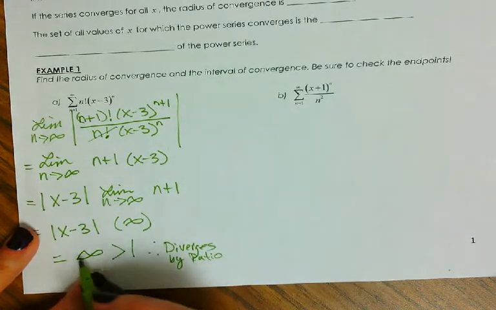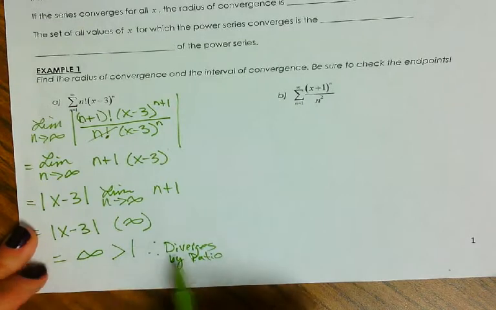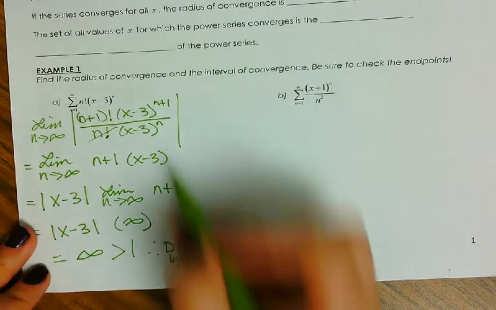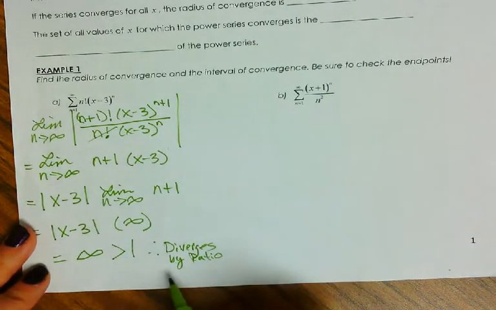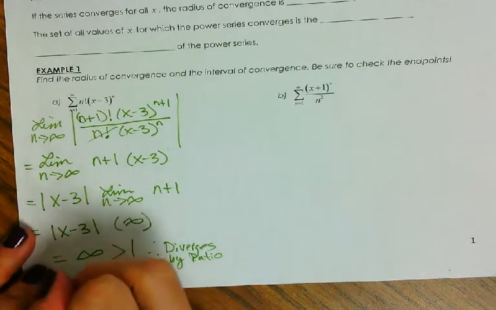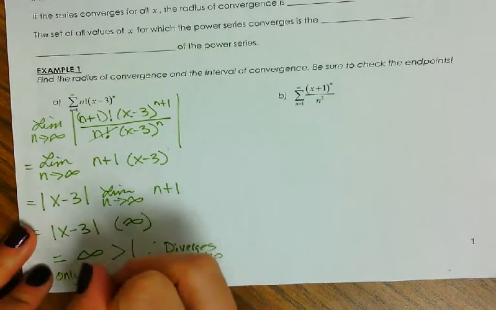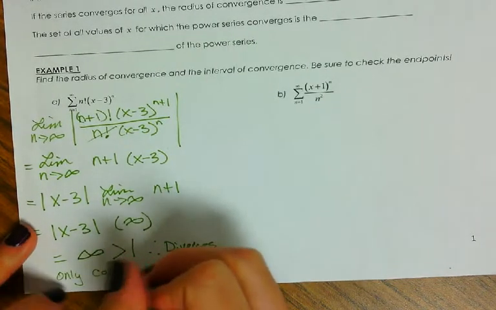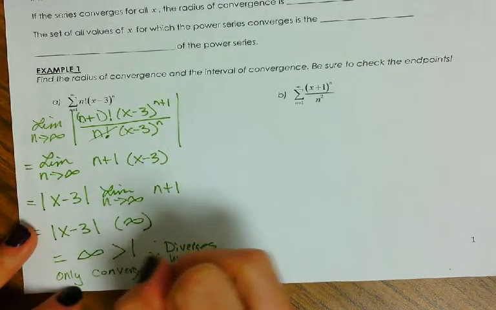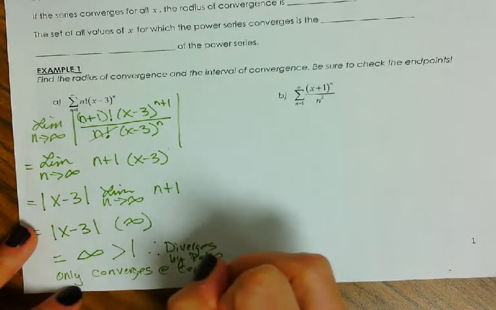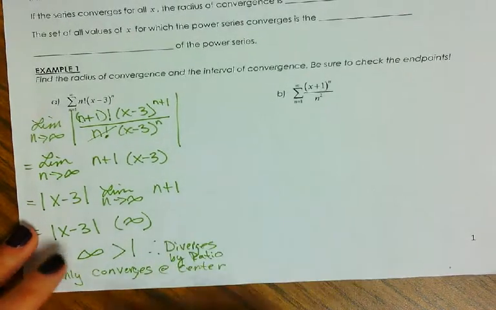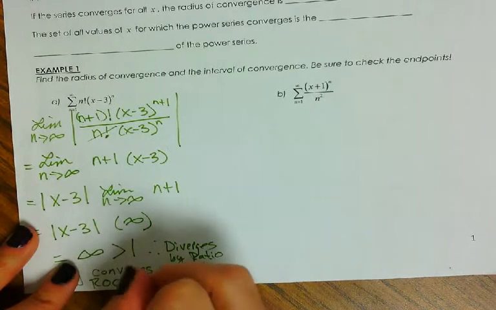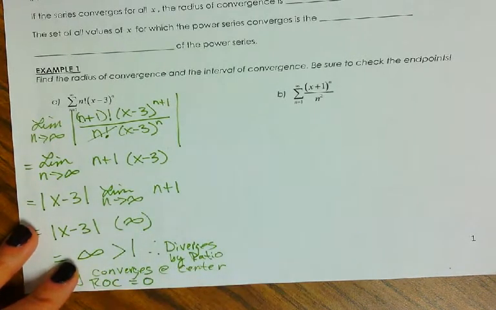Remember, for the ratio test to converge, we want whatever the limit is to be less than 1. And so if this diverges, that means, go back up to your 3 possibilities, that this only converges at the center. So in other words, your radius of convergence would be 0.